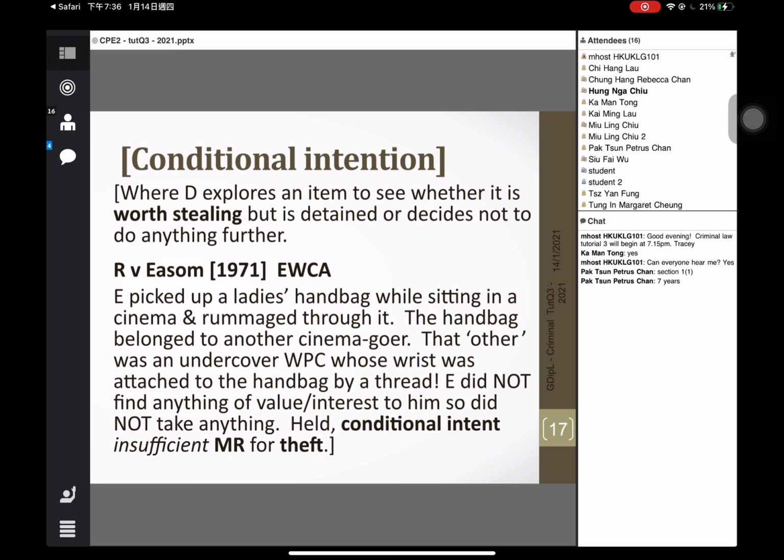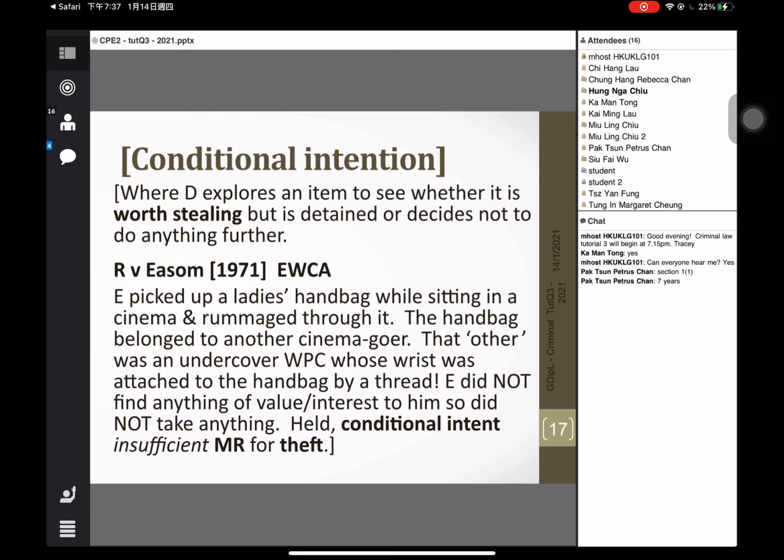He was sitting next to this lady and she had the handbag on the floor, and he rummaged through the handbag, but he only found lipstick and tissues. Now the handbag actually belonged to another cinema goer who was an undercover policewoman, and the handbag was attached by a thread to the policewoman's wrist, or her little finger or whatever.